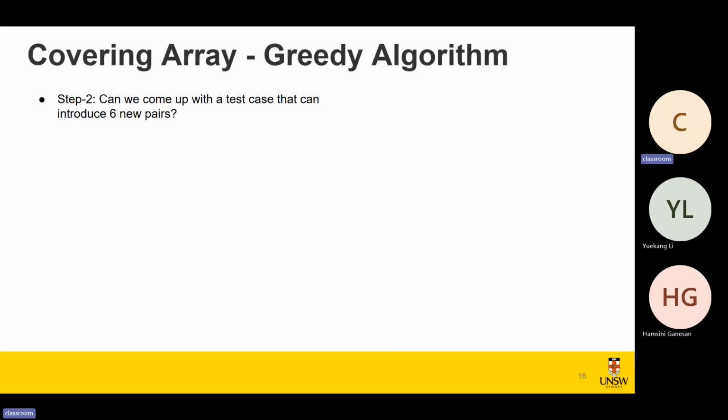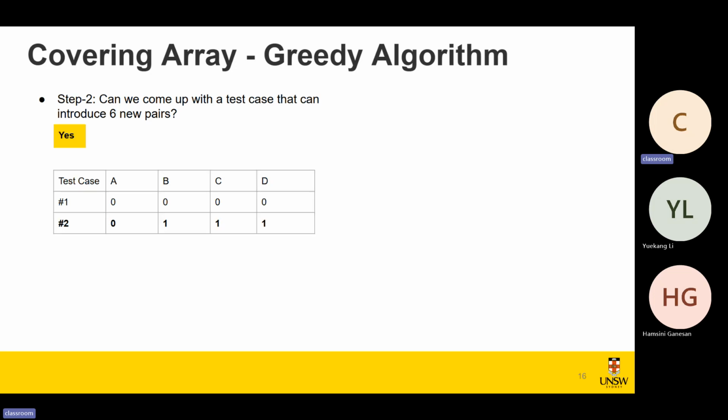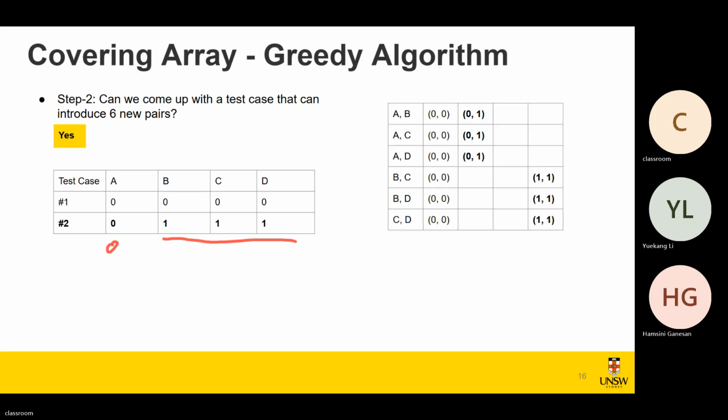We need to think about this problem in this step. The short answer is yes. The test case we can find is something like this: 0 for A and 1 for the rest of the values. In this case, we can use this test case to bring in 6 more combinations for all 6 pairs.